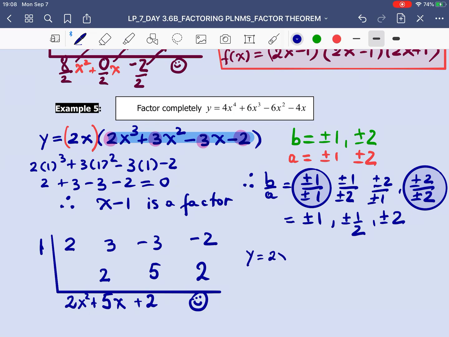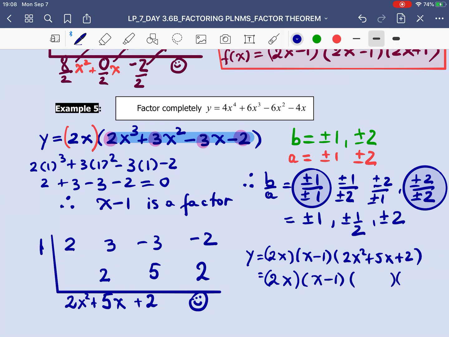So far we have arrived at y equals 2x times x minus 1 times 2x squared plus 5x plus 2. And now we have to figure out the other two factors.